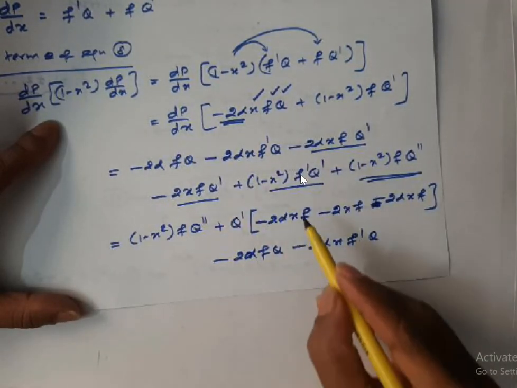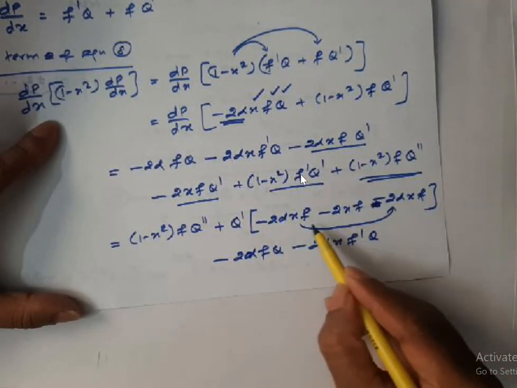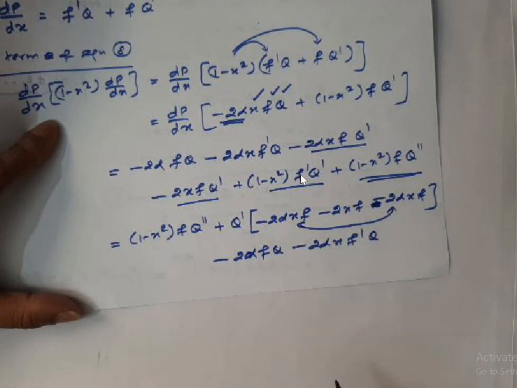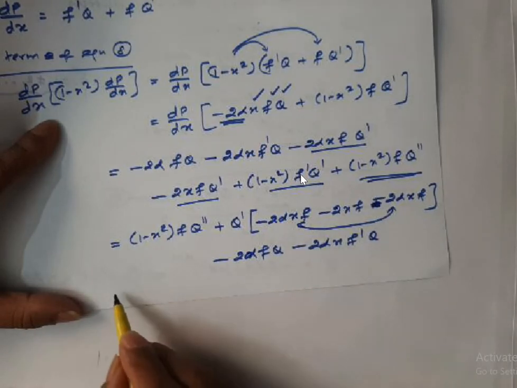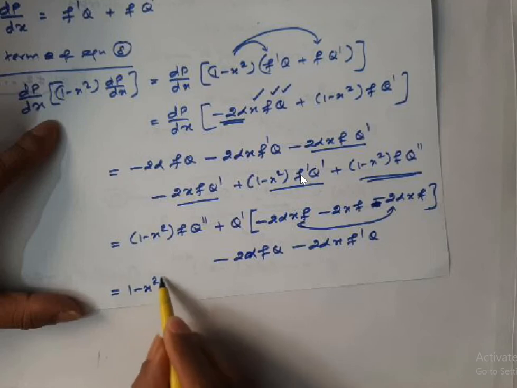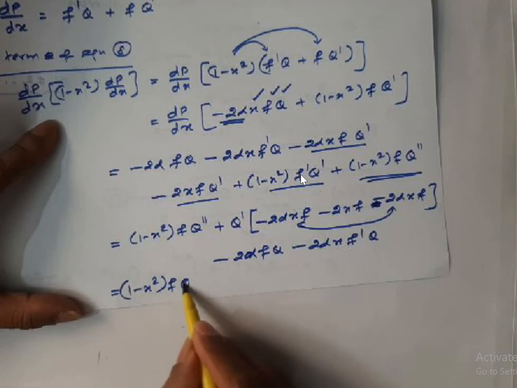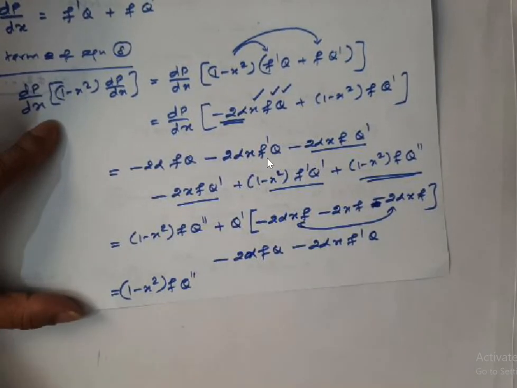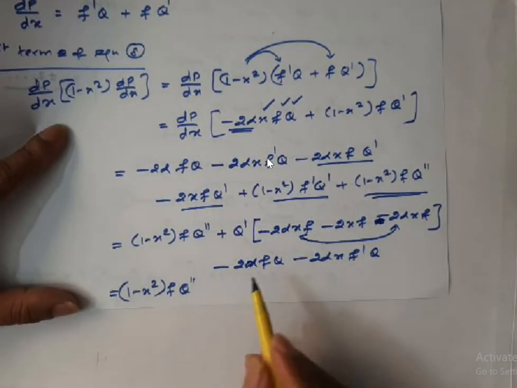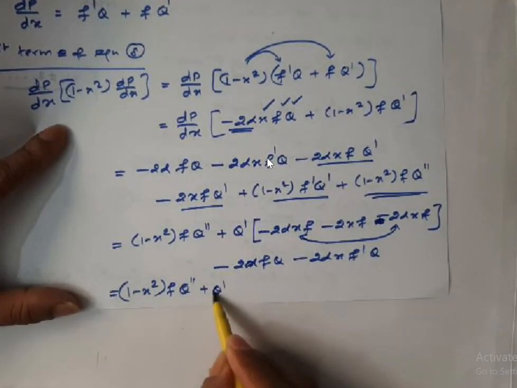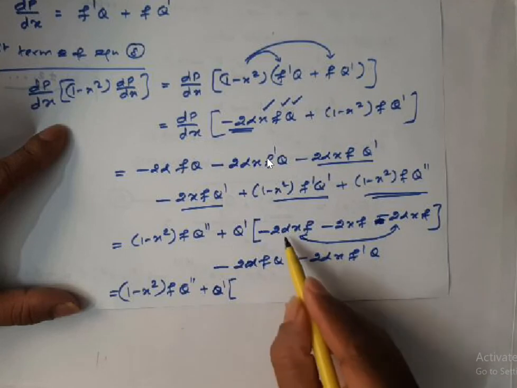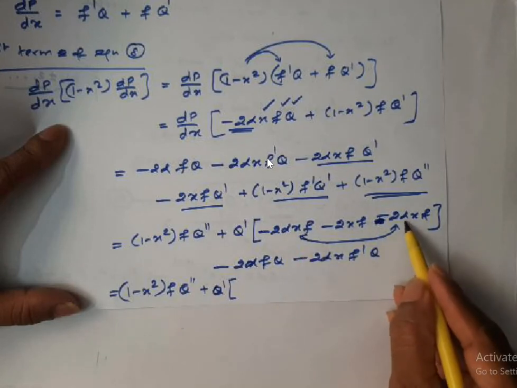Now see here, minus 2 alpha x will give me minus 4 alpha x f. So I'll take that 1 minus x square into f into q double dash, okay, plus q dash, okay, minus 2 alpha x minus 2 alpha x f.